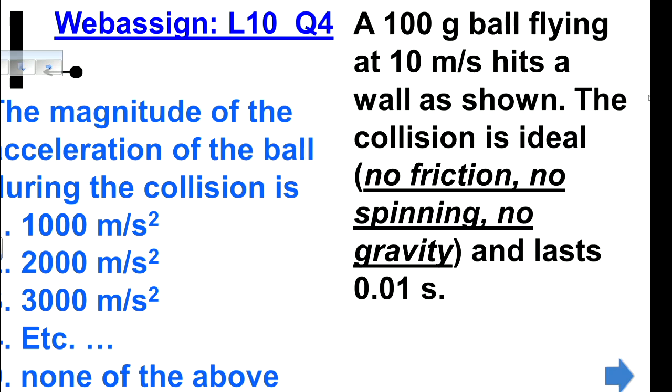It might spin, and it might be flying, making some complicated trajectory. We neglect everything except the wall acting on the ball during that, well, we call it a collision. A collision is usually when two objects touch each other for a brief moment of time, very briefly.